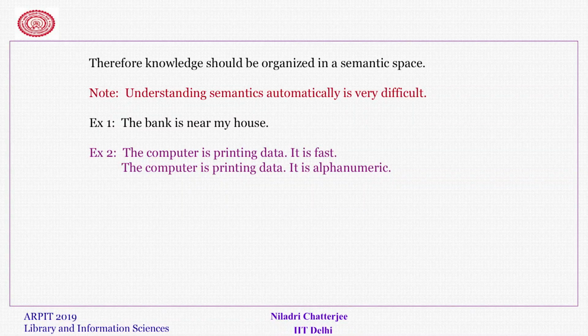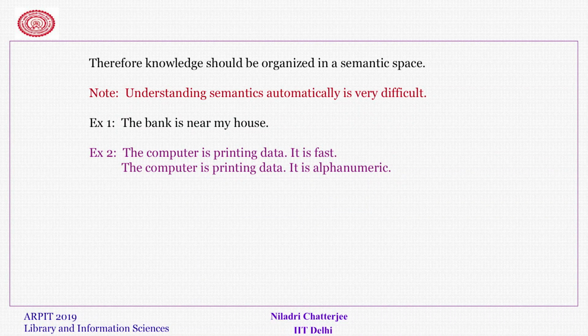Example number 2: the computer is printing data, it is fast, and another sentence is the computer is printing data, it is alphanumeric. Now, let us ask, what do I mean by the pronoun it? In the first sentence, when I say it, it means the computer, because it is the computer which is fast.